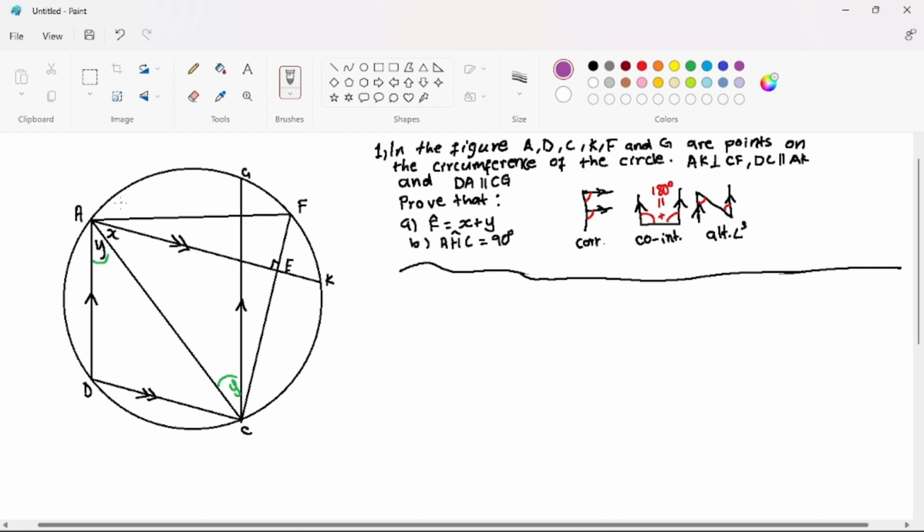And then on our line AK, we are given that AK is parallel to DC, right? So that means X is going to be equal to angle ACD, right? So we are going to be having this scenario here, this N scenario. So it looks like a Z in this situation.